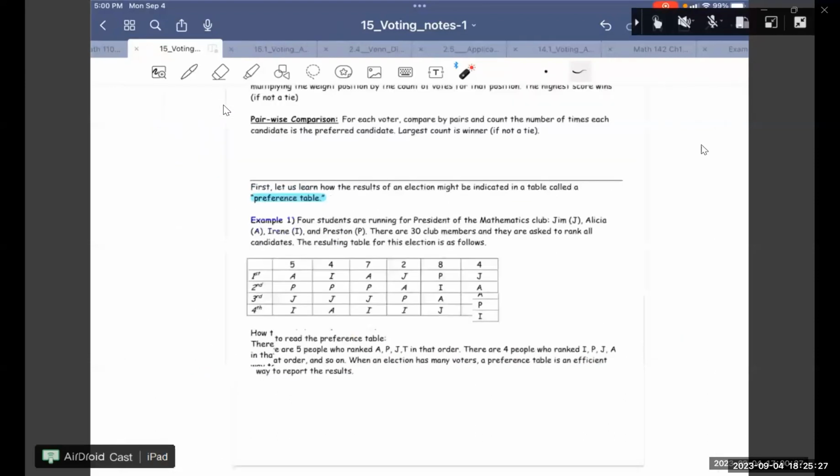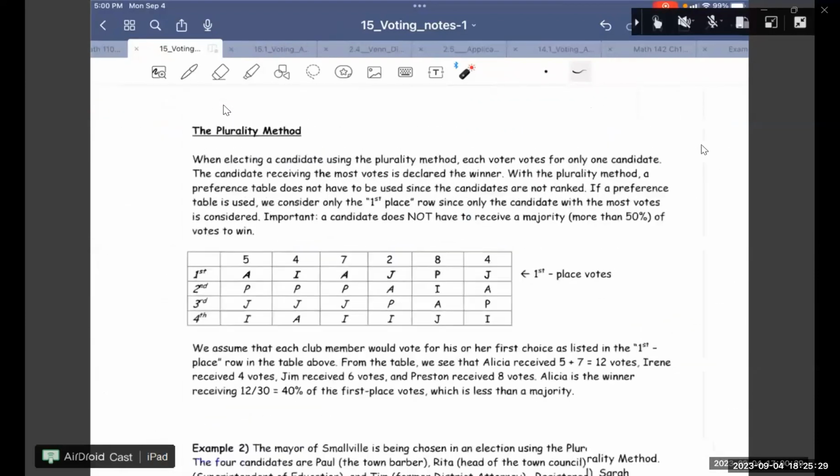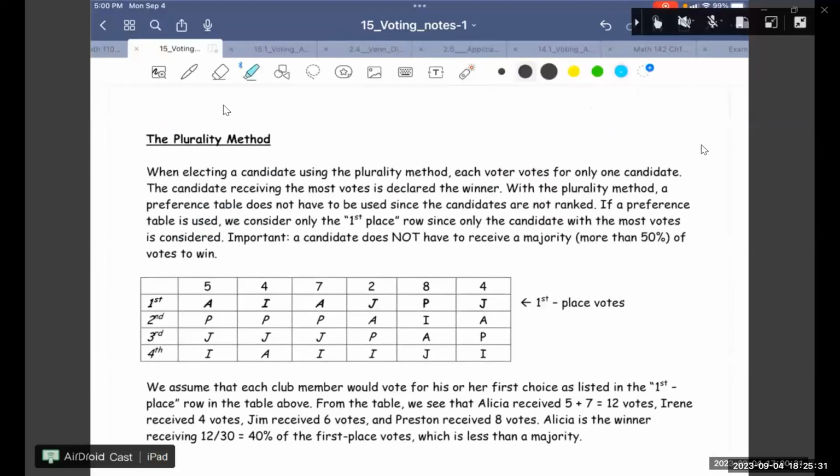The first method is the plurality method. When an election uses the plurality method, each voter votes for only one candidate, and the candidate who receives the most votes is declared the winner.